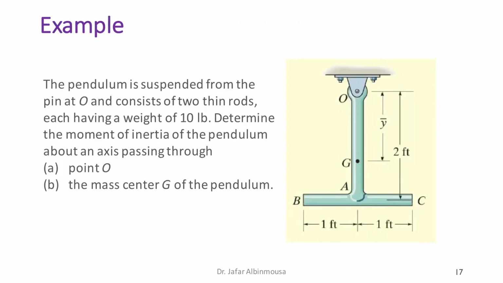Now let's have an example. So the pendulum is suspended from the pin at O, so that's point O, and consists of two thin rods, OA and BC, each having a weight of 10 pounds. Determine the moment of inertia of the pendulum about an axis passing through point O, the mass center G of the pendulum.